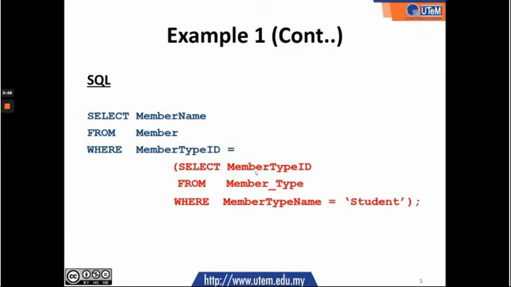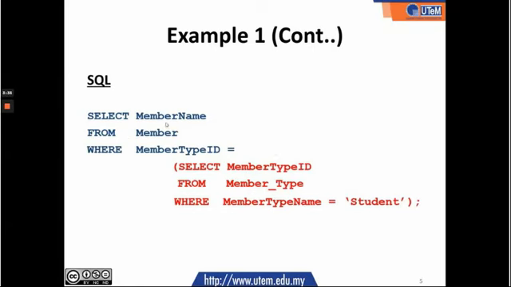Next, we need to know the function of this statement. As we learned in Module 14, this statement is the outer query that receives input from the inner query statement. As mentioned, the input is only one value, which is number 2.